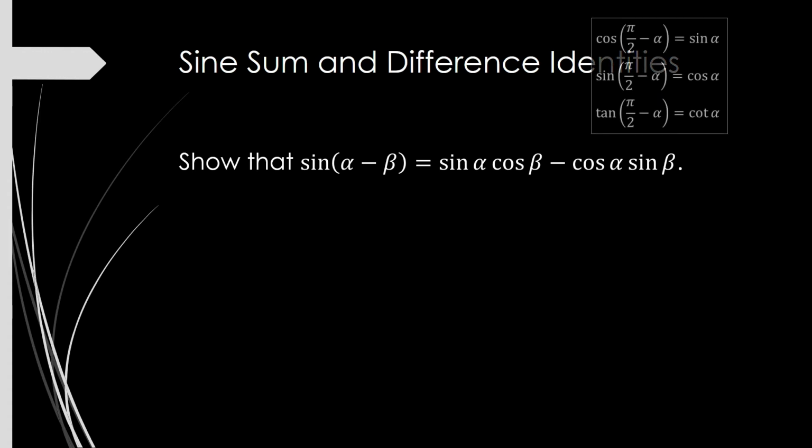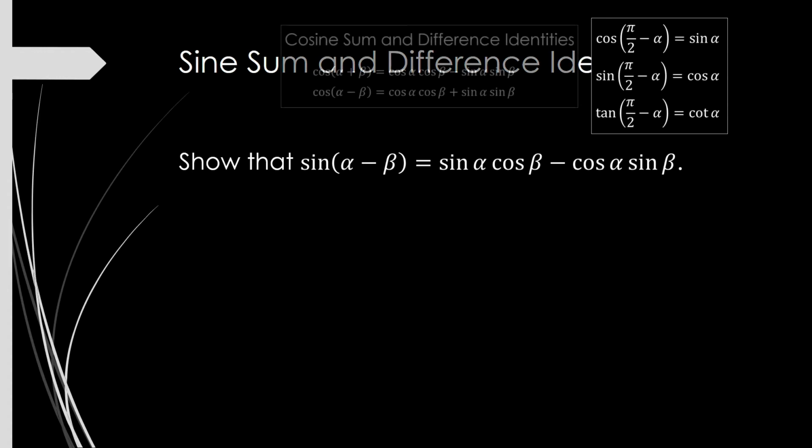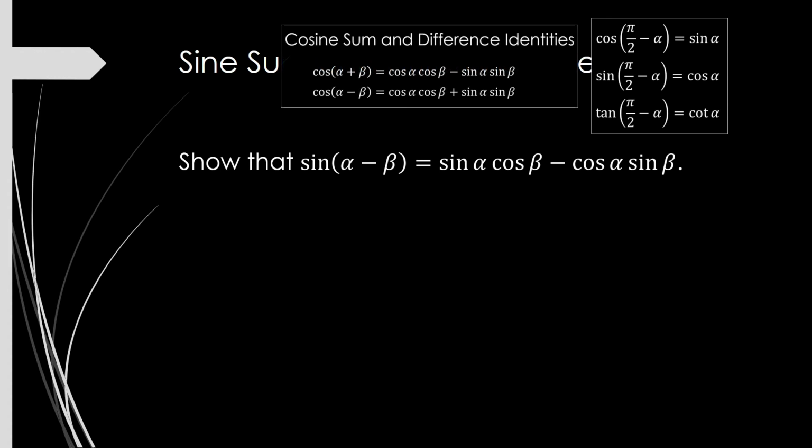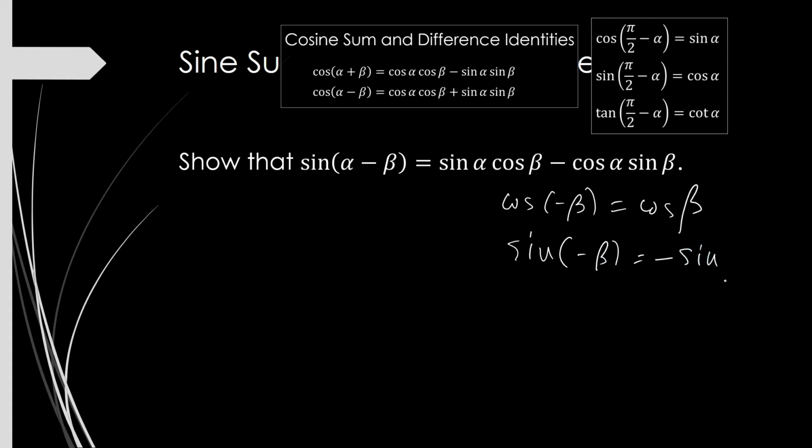Okay, so we shall use this set of identities: our sum and difference identities for cosine and your cofunction identities. And there is another set of identities which is going to be helpful. In fact, I tend to ignore this when I was a student and even when I am teaching trigonometry. Our even and odd identities: cosine of negative beta is equal to cosine of beta, and sine of negative beta is equal to negative sine of beta.